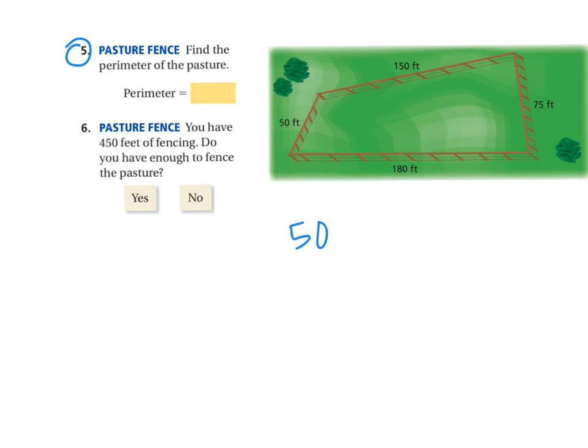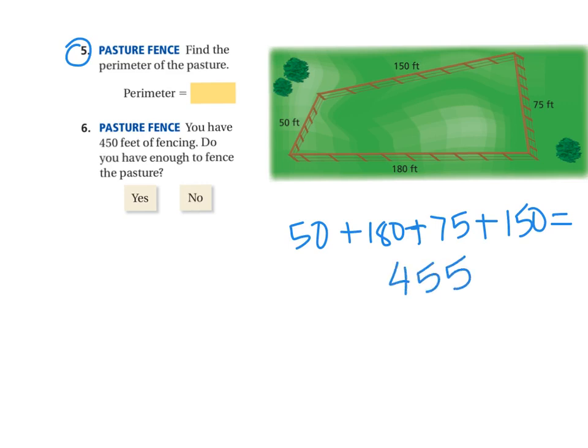So we have 50 plus 180 plus 75 plus 150. So you add those all up and you're going to get 455. And then label it feet. So I'm going to write that over here, 455 feet.